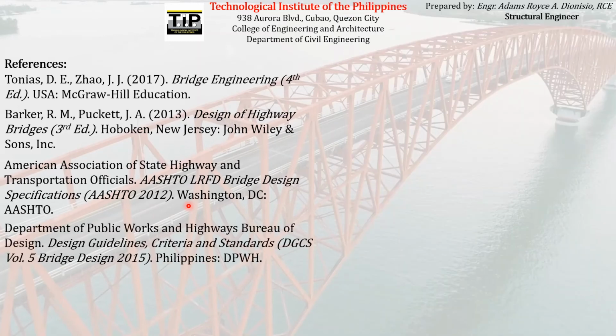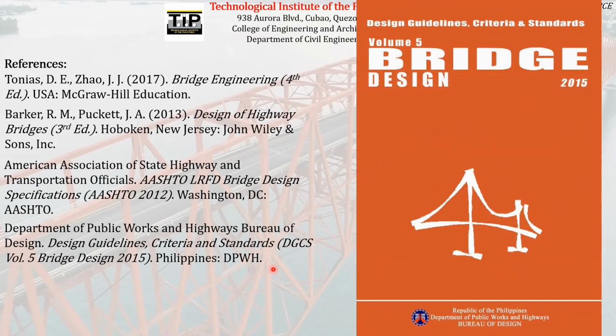And lastly, our local code that I will be using is the DGCS, the Design Guidelines, Criteria, and Standards, Volume 5, Bridge Design 2015, from the Department of Public Works and Highways, Bureau of Design.